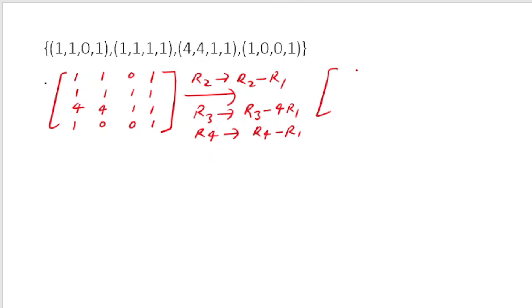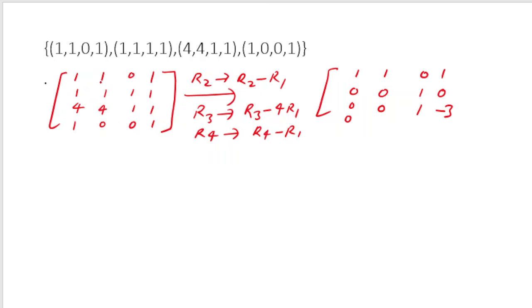So what do we get? We have 1, 1, 0, 1, and then we have 0, 0, 0, and 1 minus 1 is 0, 1 minus 0 is 1, 1 minus 1 is 0. And 4 times, so this 0 will also become 0, 1 minus 4 times 0 will remain 1, and 1 minus 4 times 1 is minus 3, right?